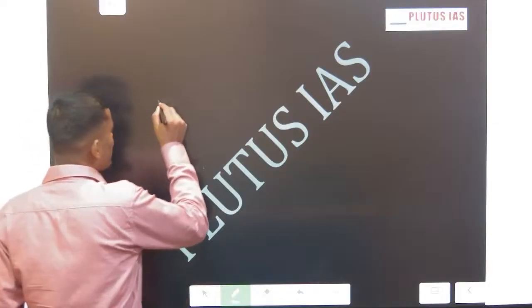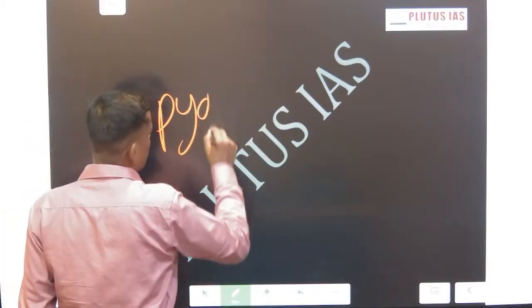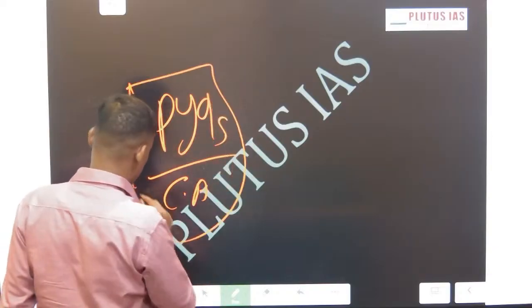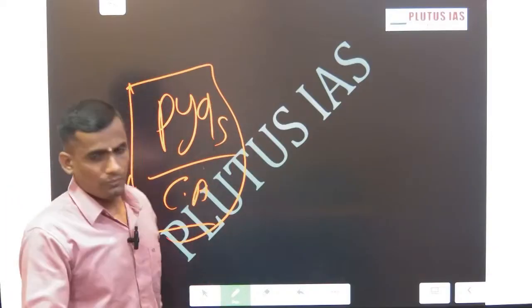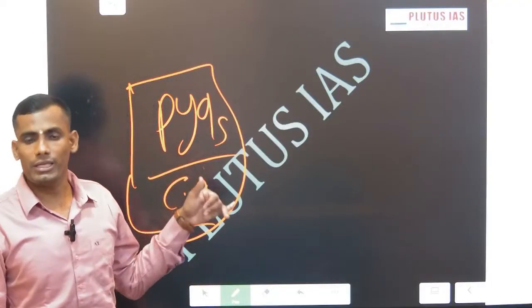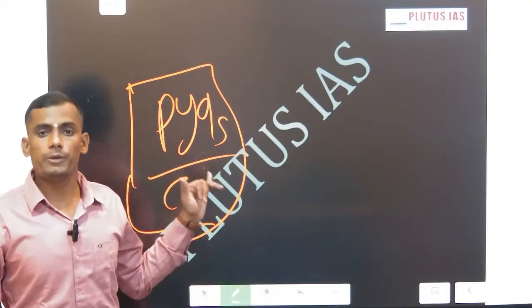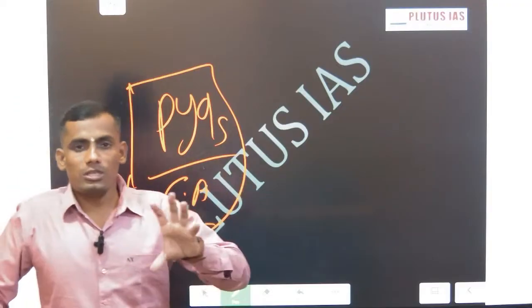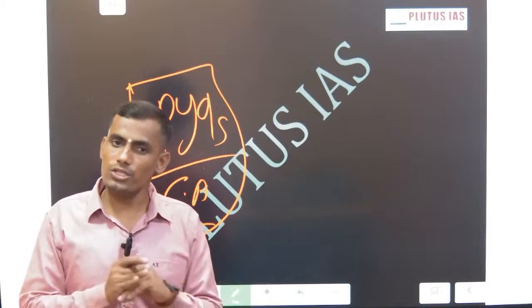So what exactly is that pattern? PYQ and current affairs. If you see, most of the UPSC questions come from either PYQ or current affairs. This PYQ includes your static portion also, and why PYQ? Because static is very huge and current affairs is very dynamic.